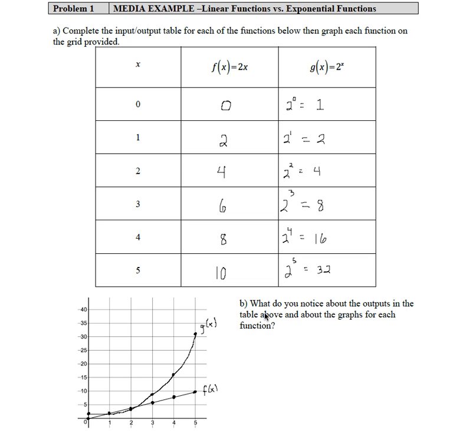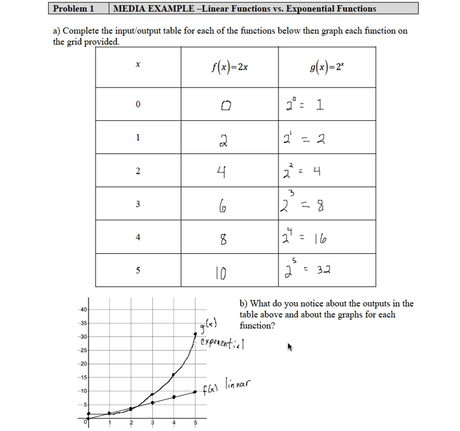So for part B, what do you notice about the outputs in the table above and the graphs for each function? So as far as the graphs, f of x we can see is linear and g of x is exponential. So we can say that about the graphs.